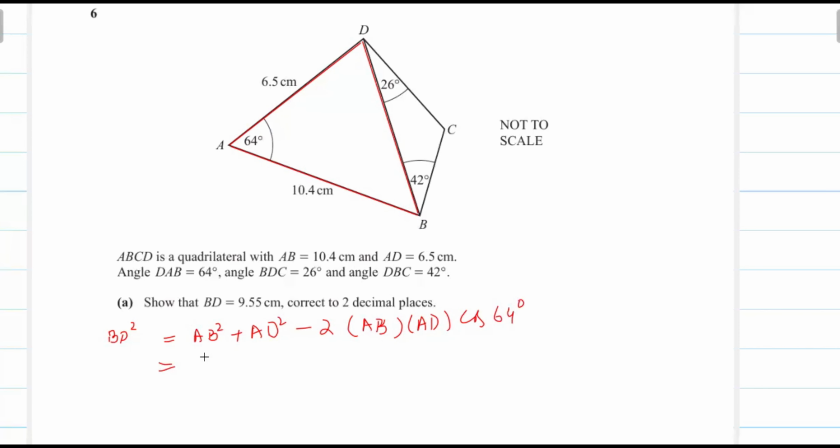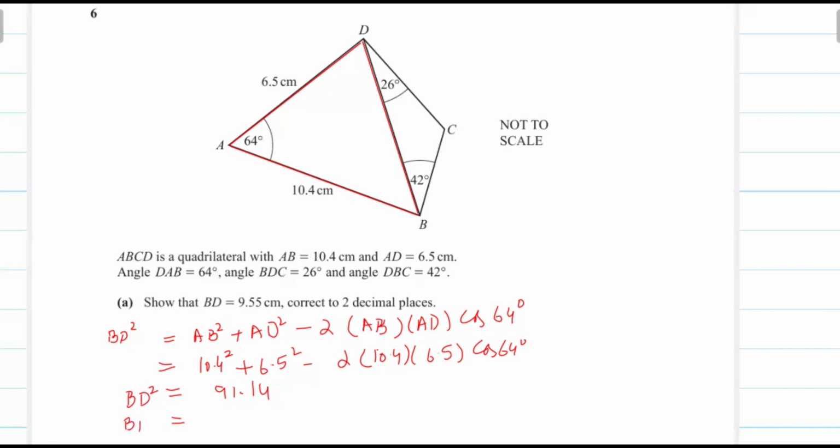AB square is 10.4 square, AD is 6.5 square, and 2 into AB, 10.4, into AD, 6.5, into cos 64 degree. We calculate this right side, and BD square equal to 91.14.